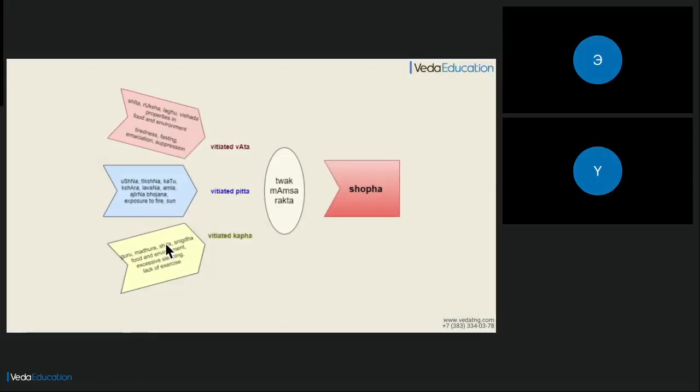So, in short, we can sum up the pathological, or the most important causes as this. These are the properties which can very strongly vitiate vata, and that can lead to vata type of presentation, inflammations or swellings and glandular changes in the breast.